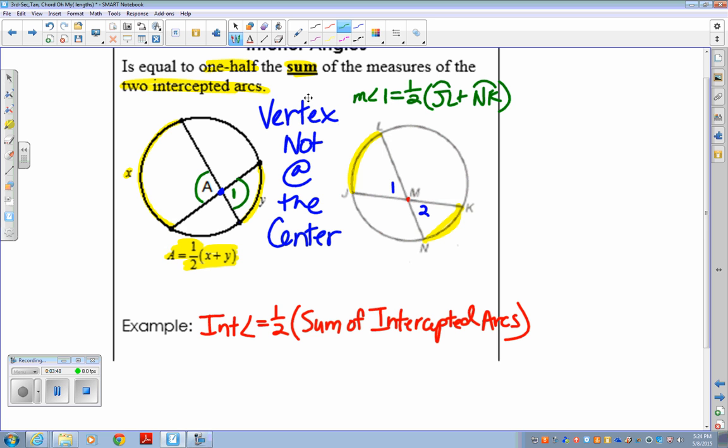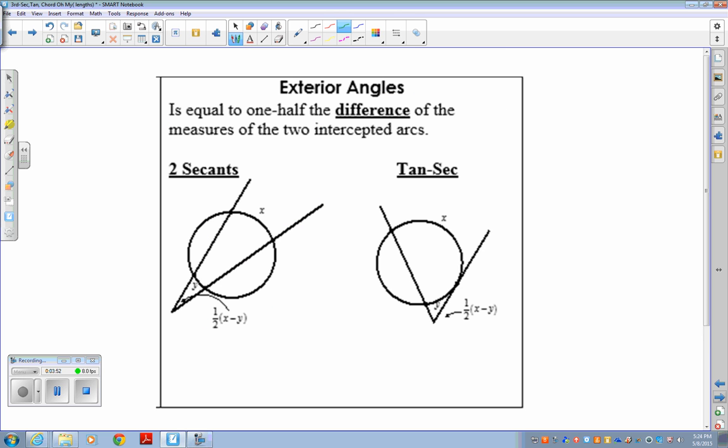On our last little box, when dealing with exterior angles, the vertex will be outside the circle. You've got to be outside the circle.